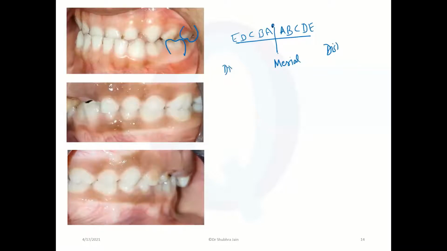If you are here, then you are on the mesial of A. If you are here, you are on the distal side of B and the mesial side of C. Now this is the mesial aspect and this is the distal aspect for this patient. So you are able to hop on this from the mesial side. So this is a mesial step relationship. Now what is this relationship? Next step, next relationship.